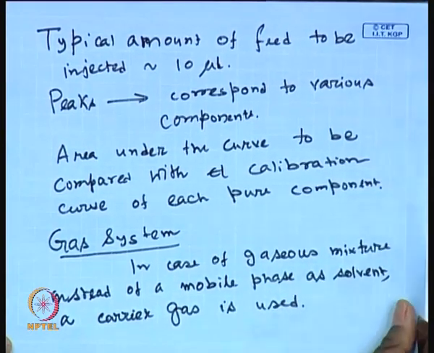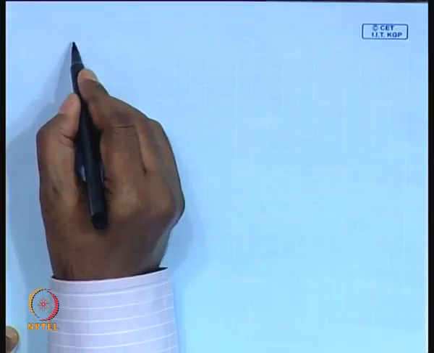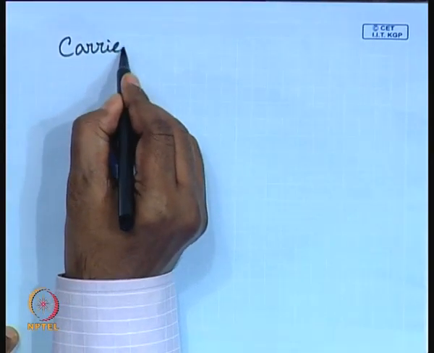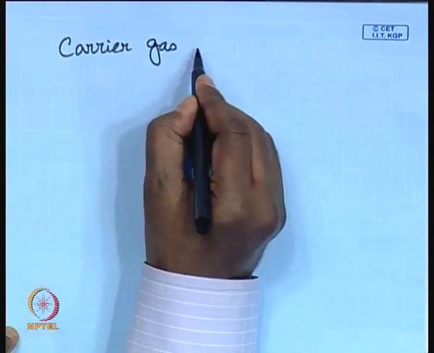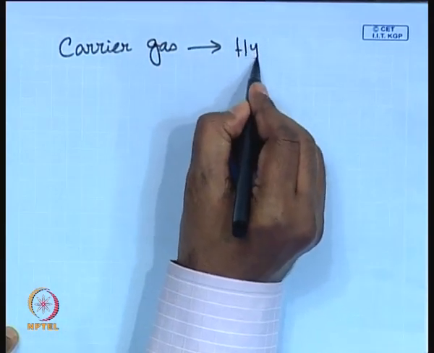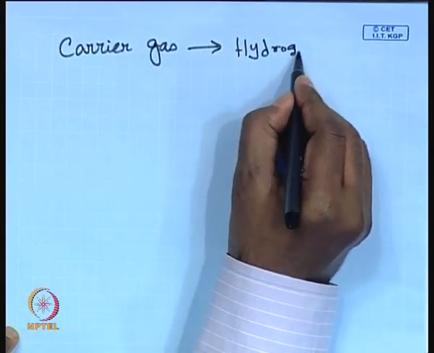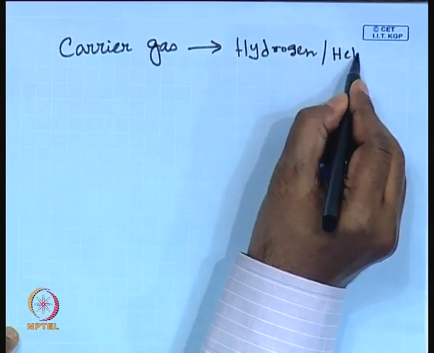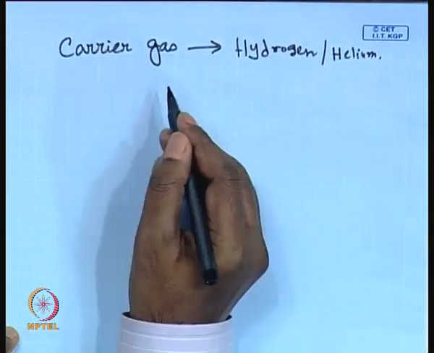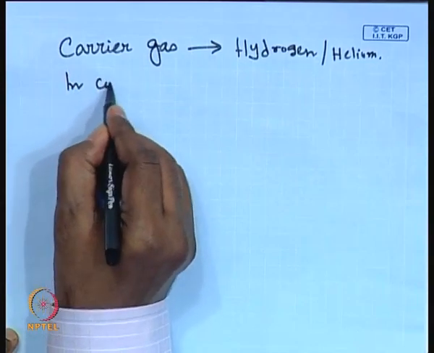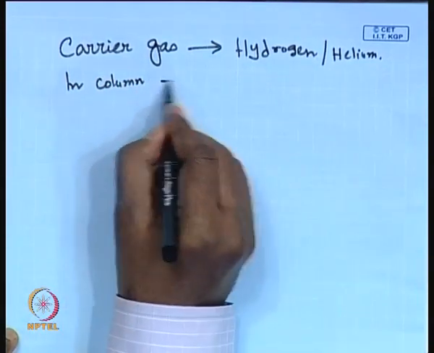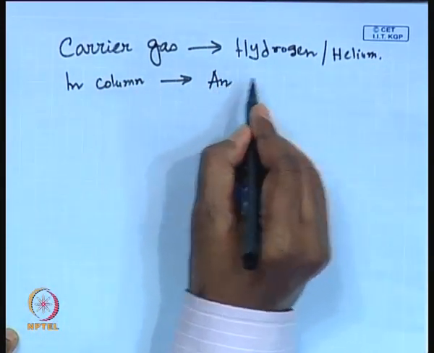Now, this carrier gas can be hydrogen or helium, and in the column an adsorbent is used.